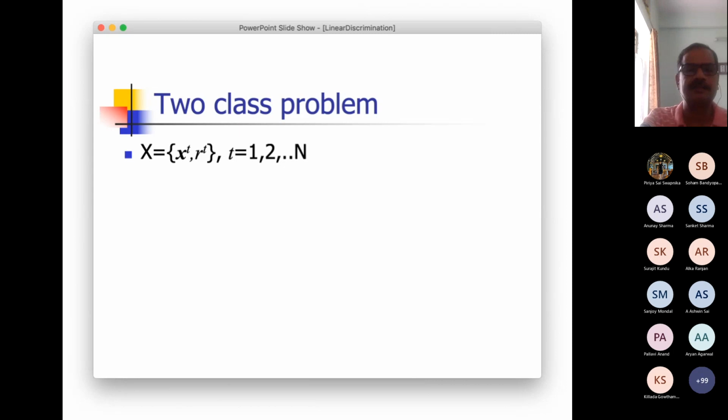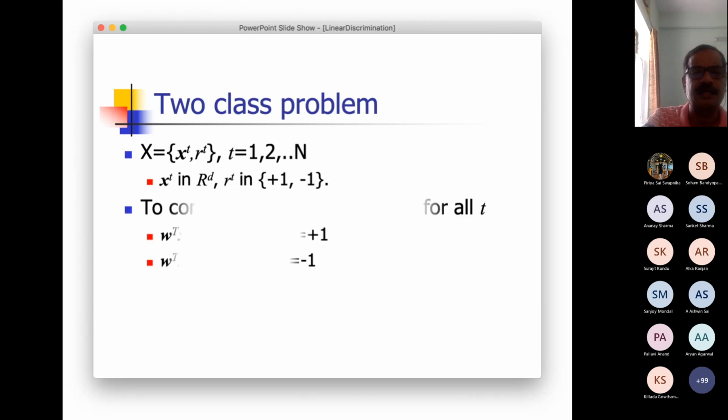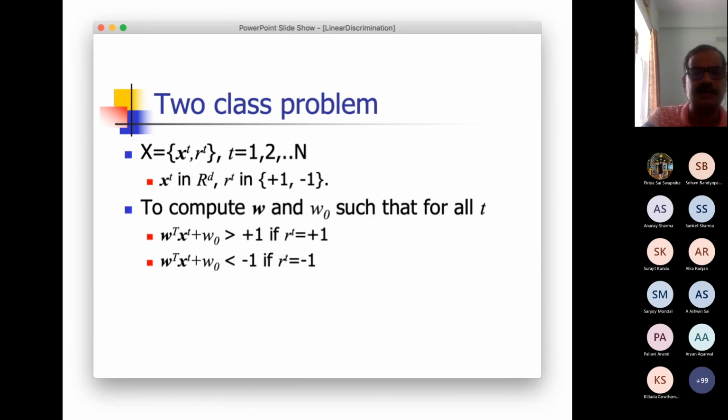Here, you are given the labeled samples, and as you can see, the sample is in the d-dimensional space, and its label is +1 or -1. Our objective is to compute the weights such that we are keeping some margin from the hyperplane.